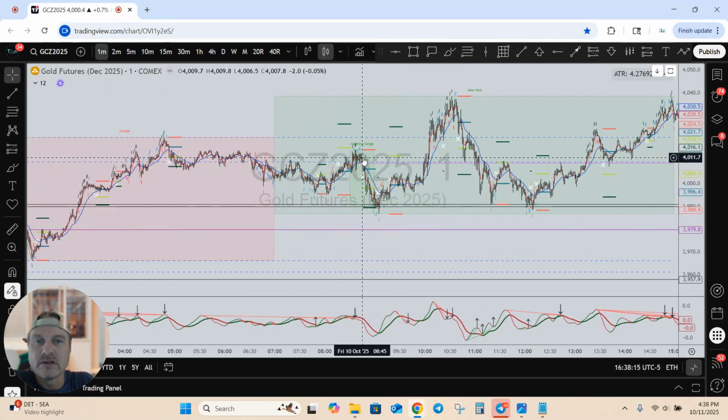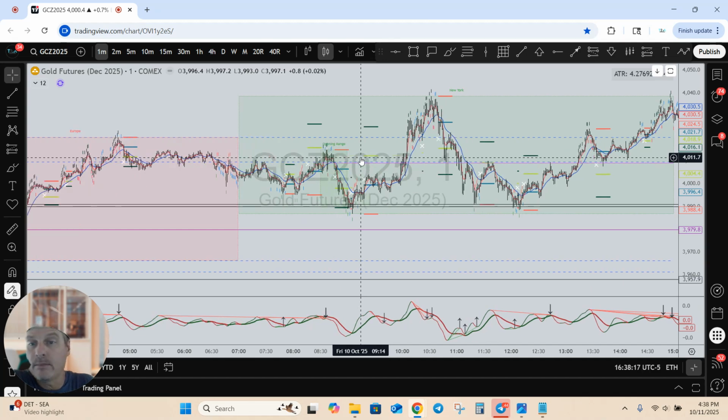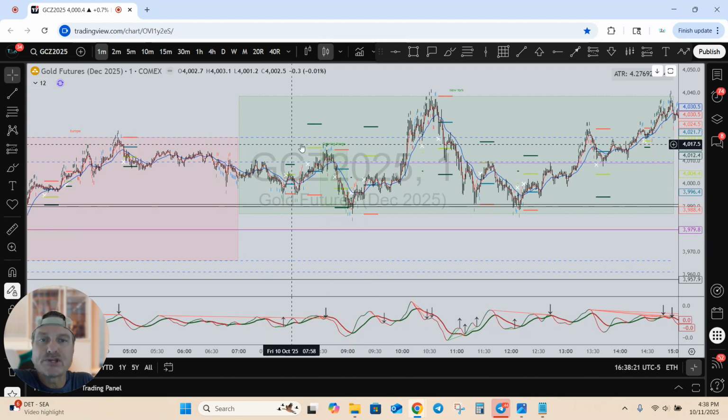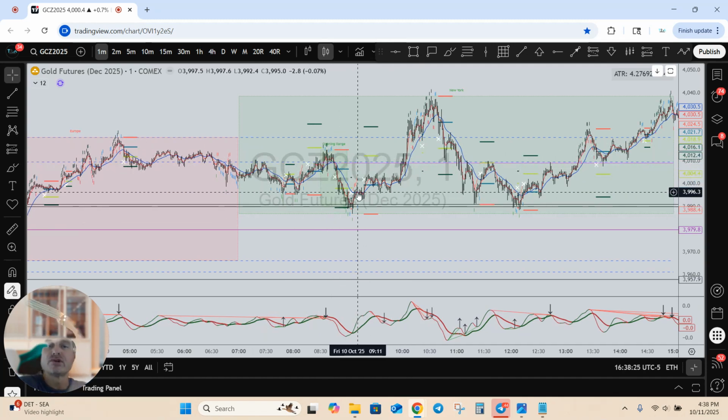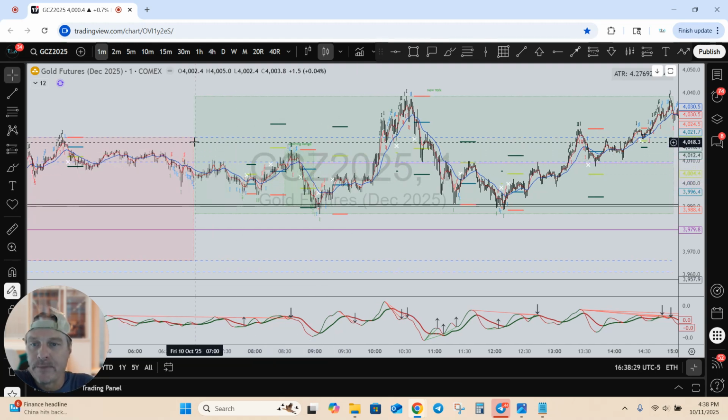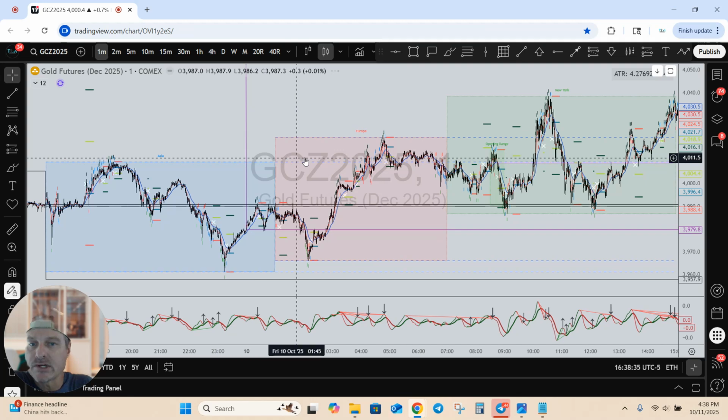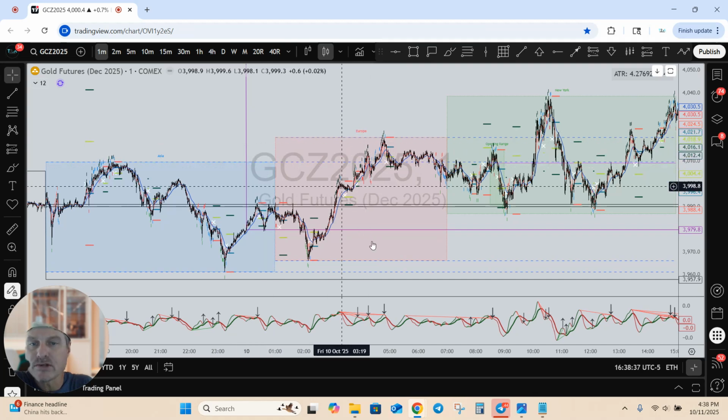Now, for most of us, me specifically, and a lot of you guys that are watching, are going to be trading New York, maybe pre-New York, maybe the opening first hour or two of the day, or perhaps even in the afternoon. So we look at gold here. We know that our first reference point is looking to take out either Asia or Europe highs or Asia and Europe lows.